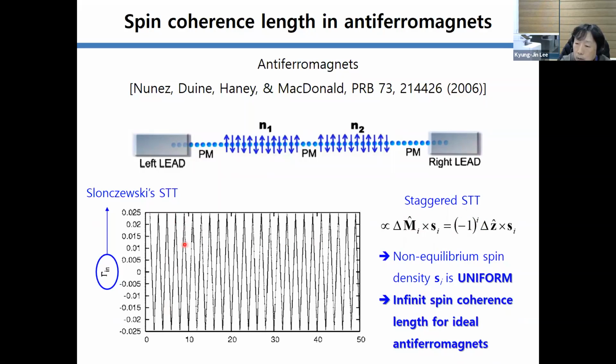So this complete alternation on the atomic scale means that the non-equilibrium spin density, the transverse component of the spin, is uniform in this calculation, because they assume a very ideal antiferromagnet without any defects and so on. But the bottom line here is that the transverse spin current can go much further in the antiferromagnet.